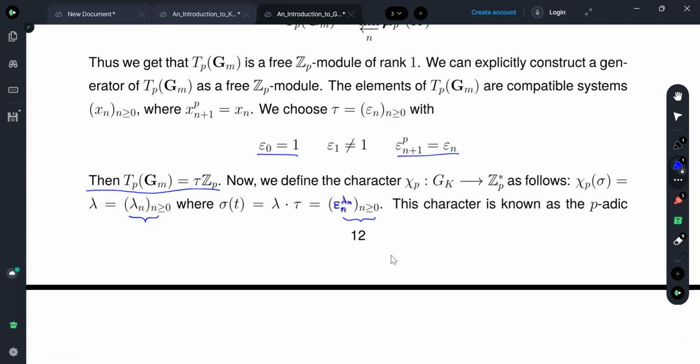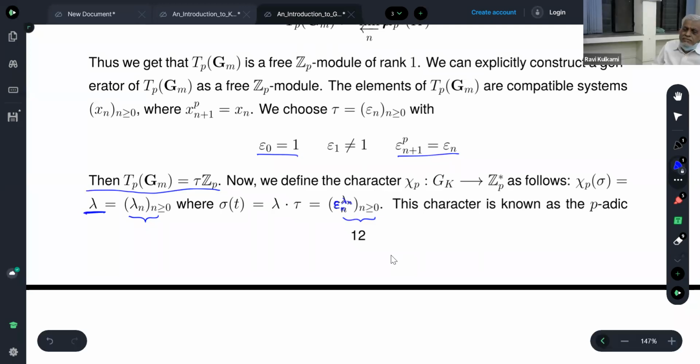Somewhat, not totally. Yeah, so chi p of sigma is defined as this element, and what this element does is, if you apply sigma to tau, it will give you lambda times tau, where this product is defined in this way.